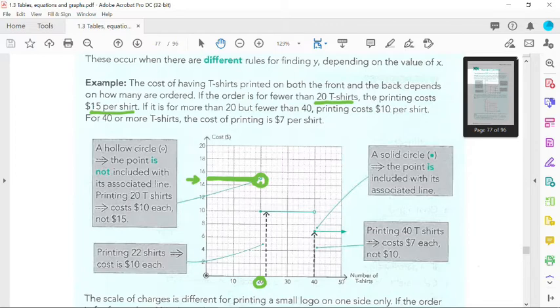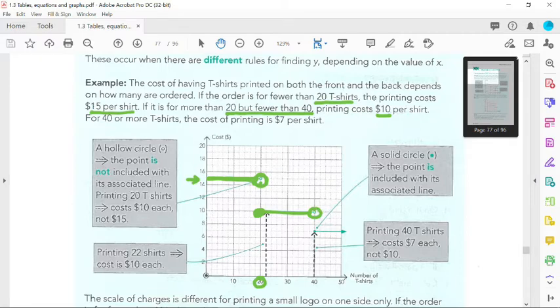Then, if it's more than 20 but fewer than 40, it's $10 a shirt. So you see that the line drops down here to $10. Now 20 shirts does cost $10, so they put a regular dot like we usually put on. But when you get to 40, it's fewer than 40. So what do we get at that end?